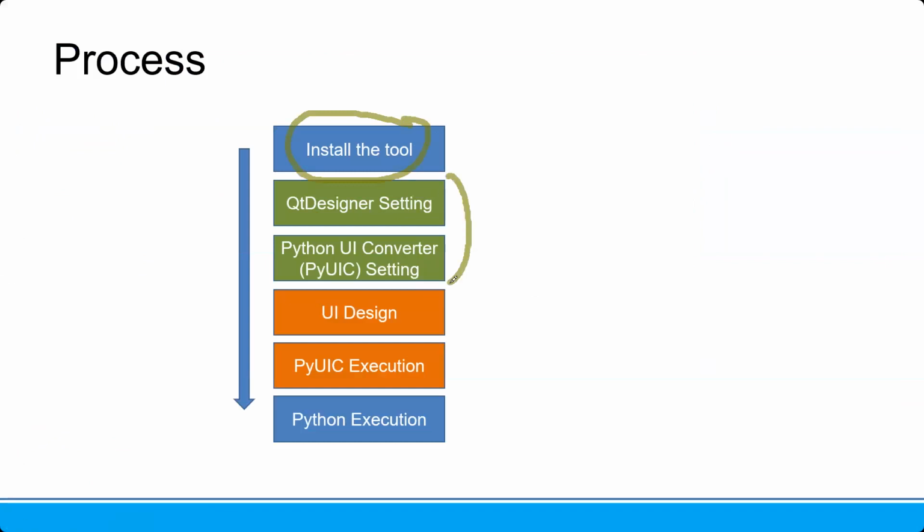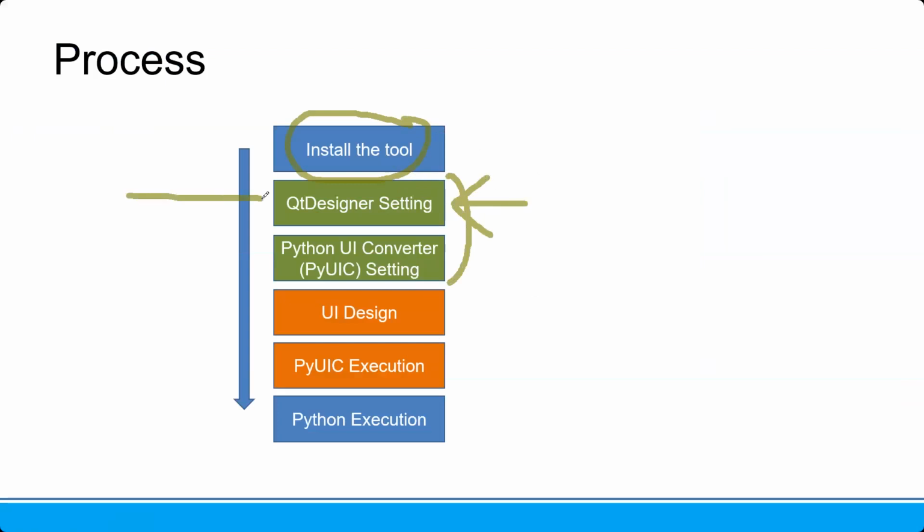And these two settings will be a little bit complicated because every computer has different settings. My computer will be different from your computer, and there might be other kinds of files that you need to install.